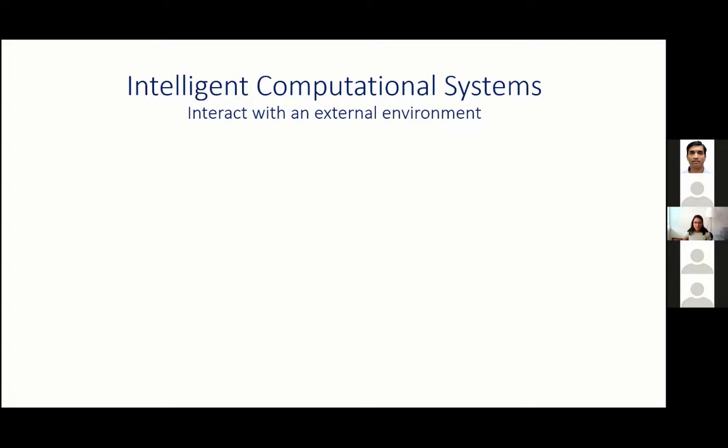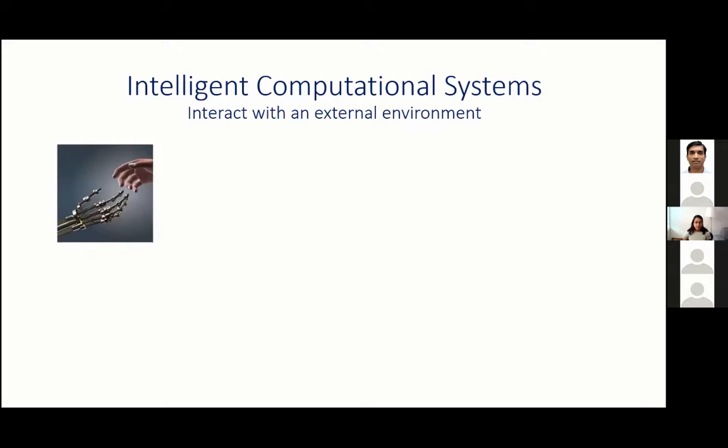have been introduced. And these computational systems are intelligent, meaning that they have the ability to interact with an external and uncontrollable environment. So we could have a domestic purpose cleaning robot that interacts with its surroundings in order to avoid collisions with either fixed or moving obstacles.